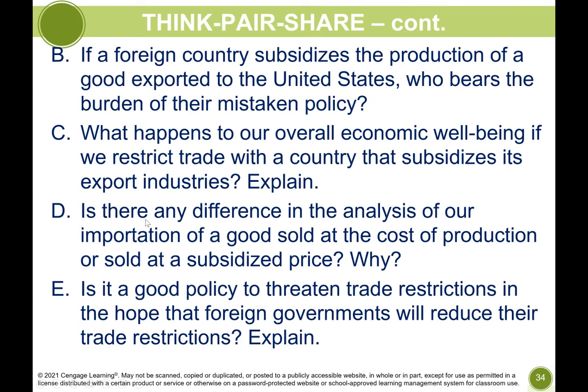Number D: is there any difference in the analysis of our importation of a good sold at the cost of production or sold at a subsidized price, and why? Number E: is it a good policy to threaten trade restrictions in the hope that the foreign government will reduce their trade restrictions? Explain.